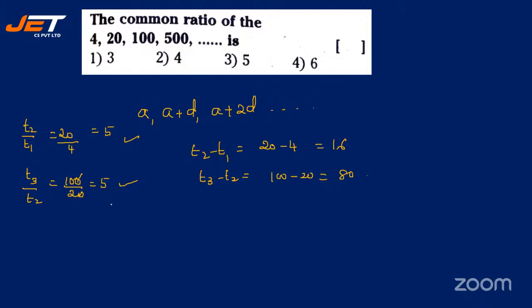So this is GP. In GP, how do you find the common ratio? T2 by T1. So your answer must be option 3. All right, students, if you opted for option 3, then it is right.